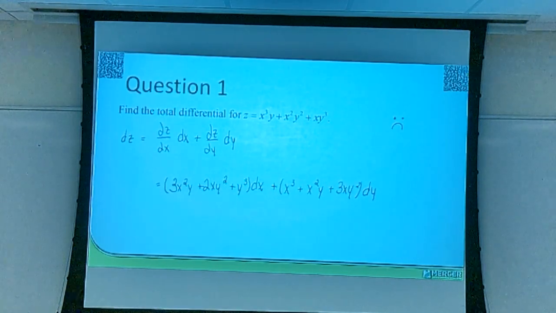Would it just be 3y squared? No. You're missing a 2. Where? It should be 2x squared y. I said, if there's any more obvious, just kick you in the nuts.